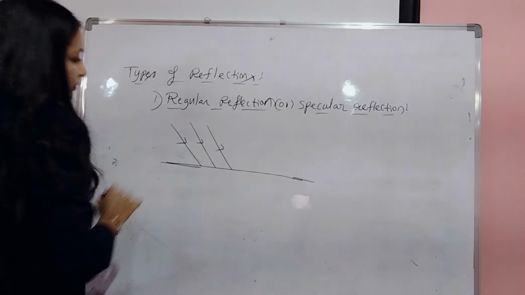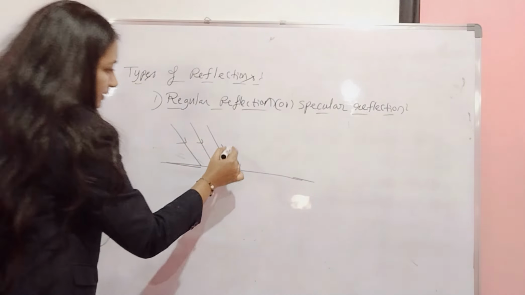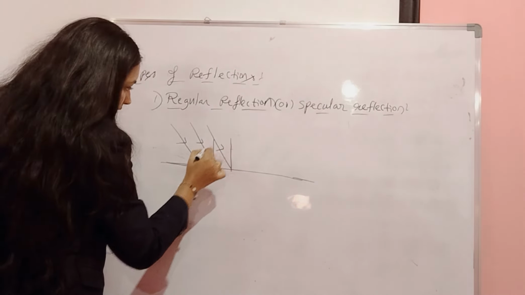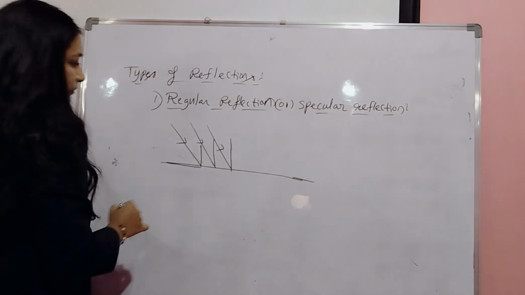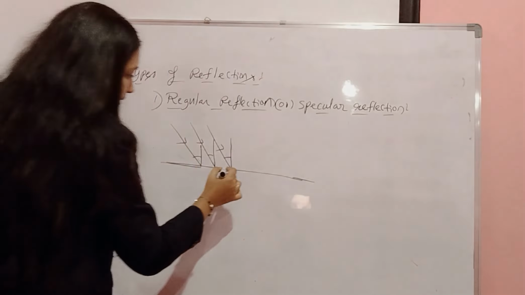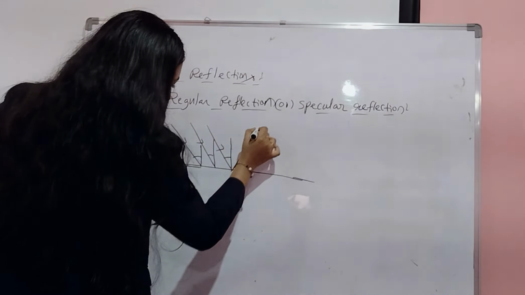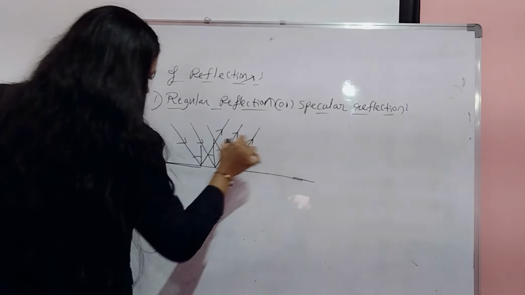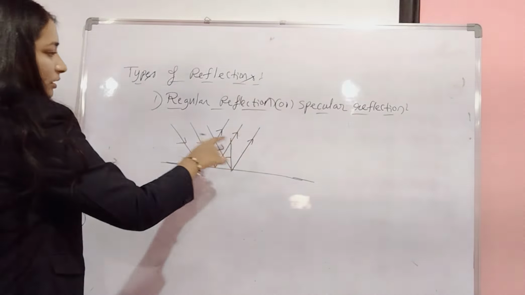At the point of incidence we have to take the normal to know the direction of the reflected ray. So this is the angle of incidence, and by making the same angle the light ray gets reflected back. See how the reflected rays are also parallel.